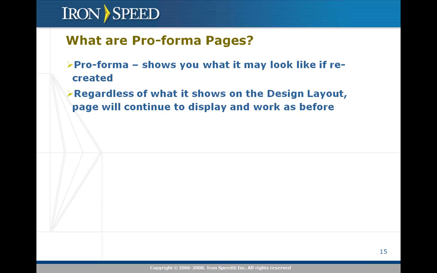These are called proforma pages. They show you what a page may look like if recreated, but it's not exactly how the page looks. If you run that page in your application, it'll be exactly how it looked in the older version. So regardless of what it shows in the design layout, the page will continue to display and work as before. No changes in that, no difference in that.